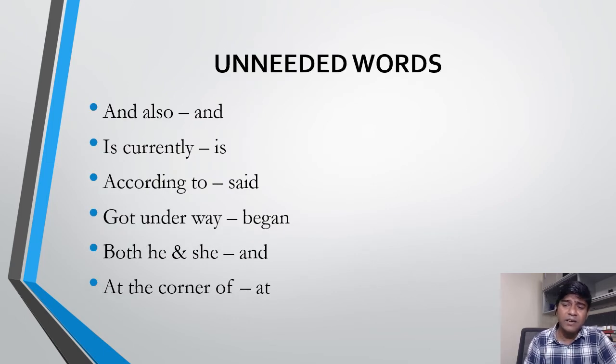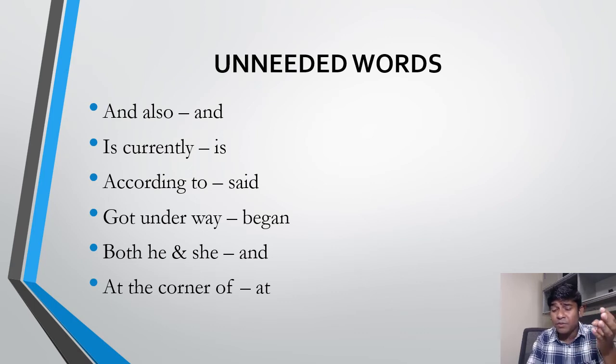There are some unneeded words that we generally use in broadcast media writing, and these words should be avoided. They can be replaced by very small words, like we should not use "an" either. Instead, we can simply use "and." "Is currently" can be replaced by "is."